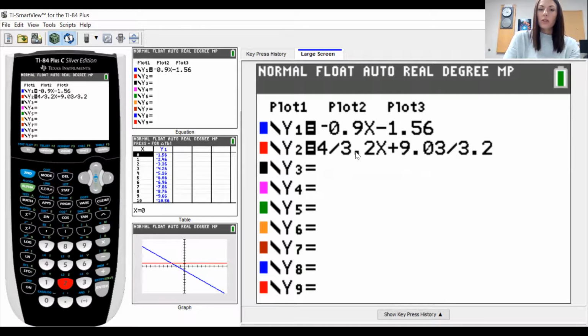Okay, there's my second equation. It's taking a minute to update it, but it's there. There it is. Let's watch our graph change.